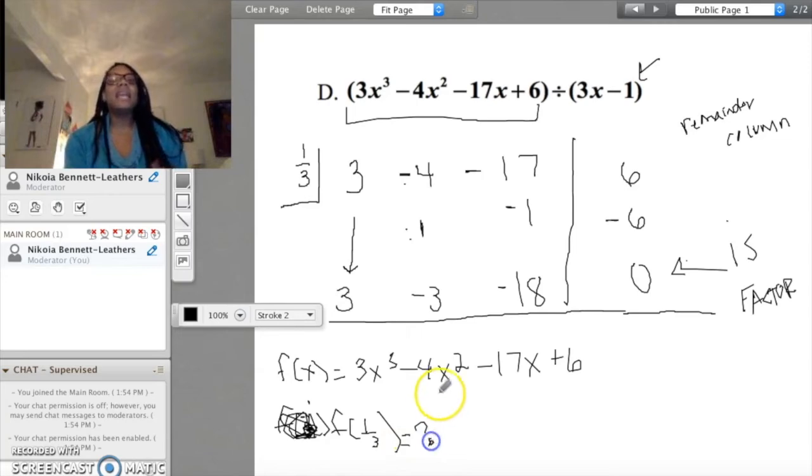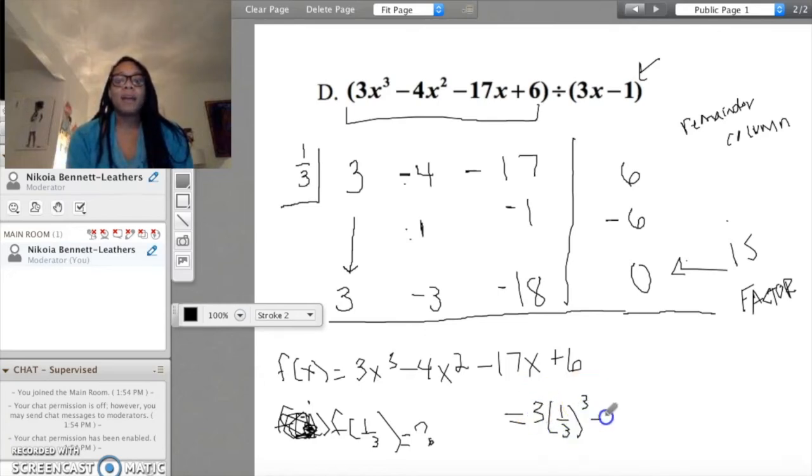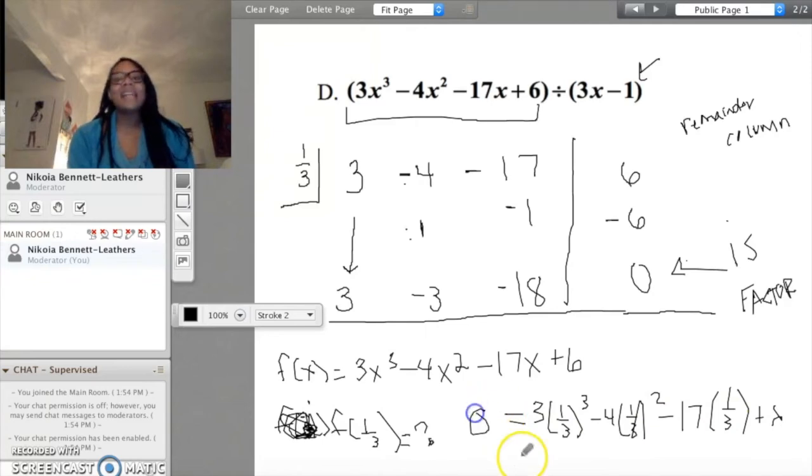And I want to see what my output is. Notice, guys, if I plug 1/3 into the function, so I take 3 times 1/3 to the third power minus 4 times 1/3 to the second power minus 17 times 1/3 plus 6, my output is 0. F of 1/3 is equal to 0.